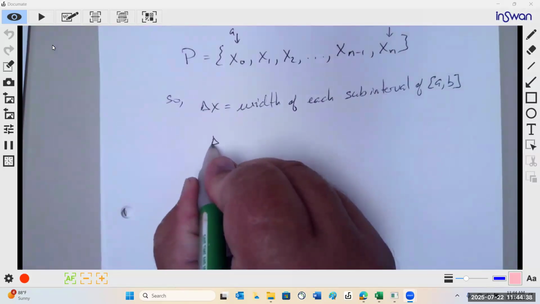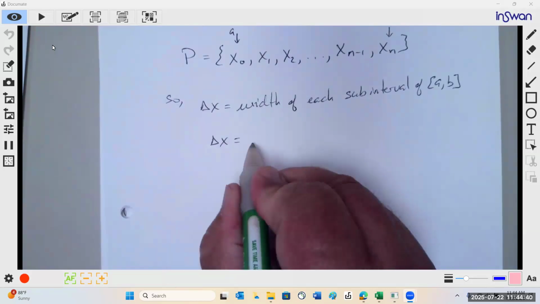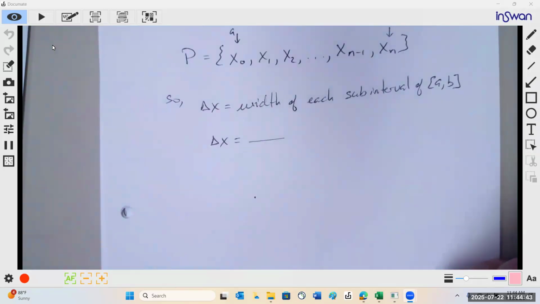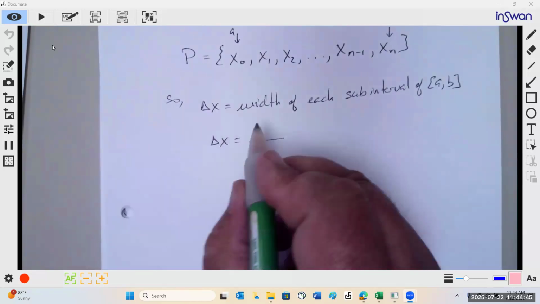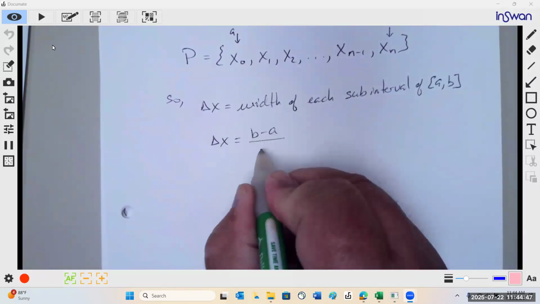What formula do we normally use for delta x? Very good. B minus A over N.